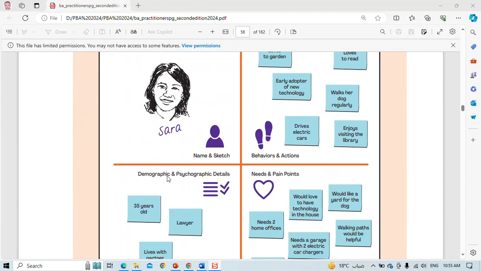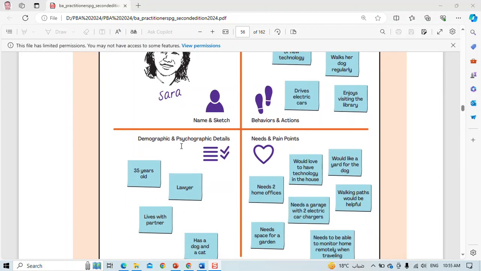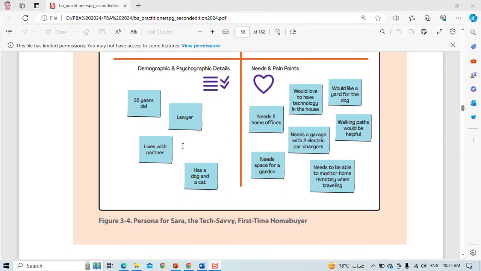But what about Sarah? Sarah's behaviors and actions as a first-time homeowner: she loves to garden, is an early adopter of new technology, loves to read, walks her dog regularly, drives an electric car, and enjoys visiting the library. Demographics: 35 years old, laborer, lives with partner, has a dog and a cat.